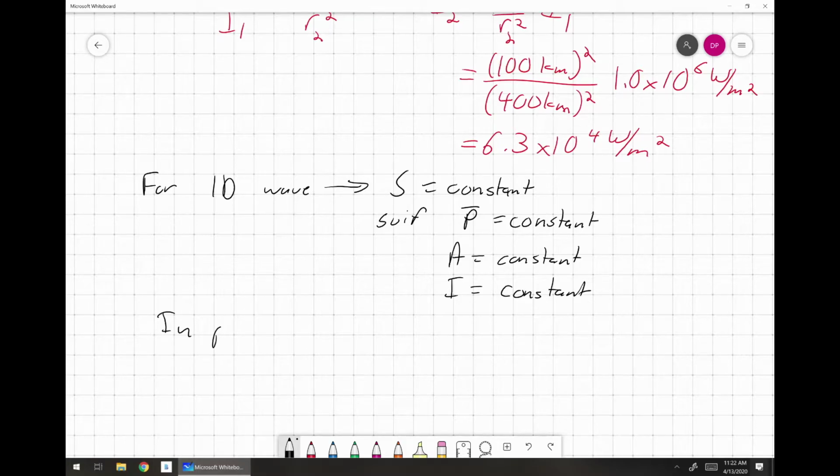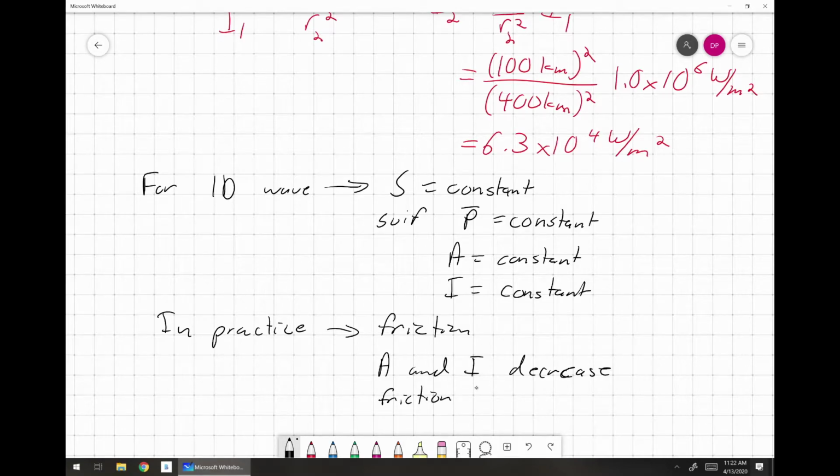So in practice, we have to worry about friction, and that means that both the amplitude and intensity decrease, because our friction is converting energy into heat.